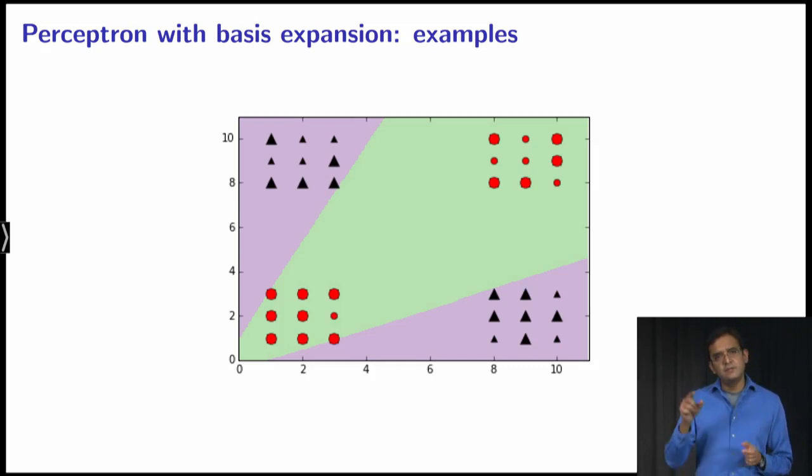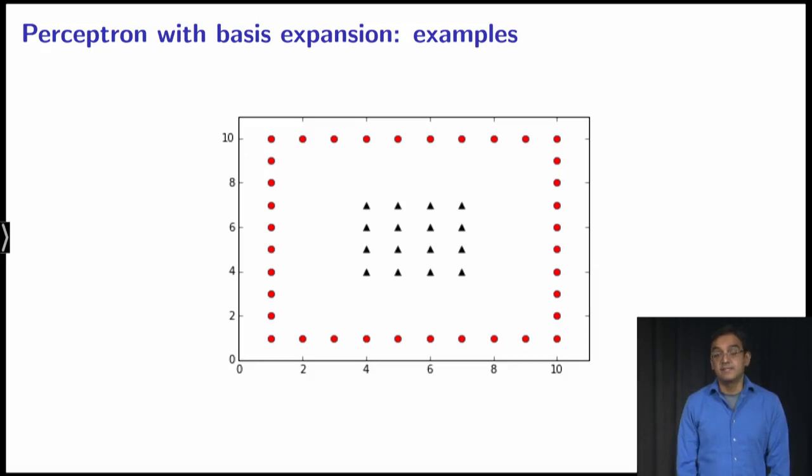The boundary looks like part of a parabola, perhaps. Okay, so it's a quadratic boundary. And the key point over here is this boundary that you see, although it looks quadratic, if you were to visualize the same boundary in the 5-dimensional embedded space, it would be perfectly linear. Okay?